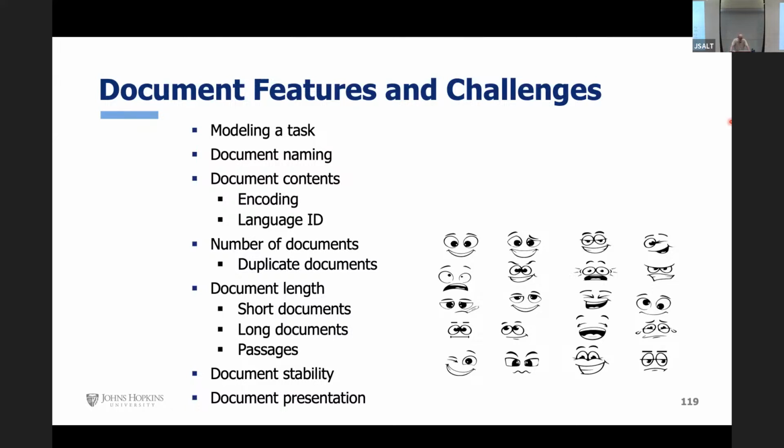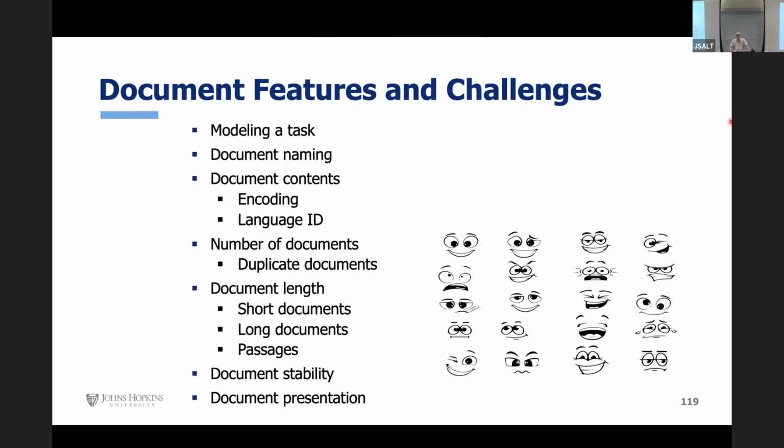You have to name your documents. You have to worry about encodings and language ID. The size of the document collection is important. If you have 500,000 documents in your collection, the techniques that work well are going to be different from the techniques that work well for a 5 million or 10 million document collection. Okay, so really the size of the collection is important. How long the documents are is important, and whether you have to chop them up into pieces or not.